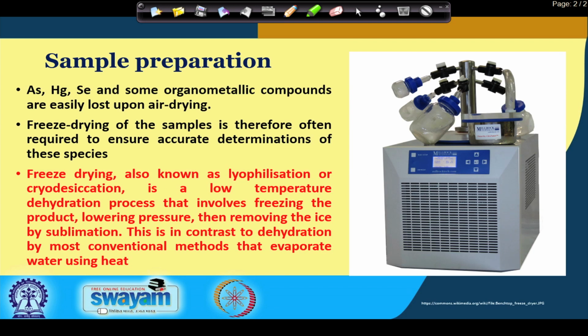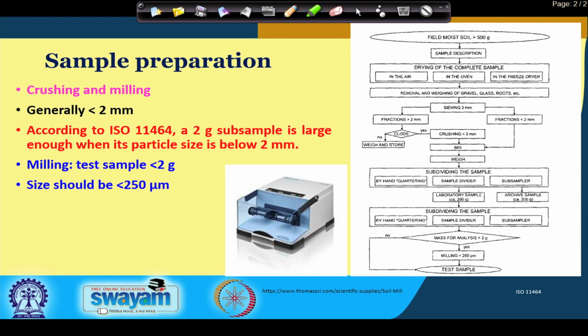We discussed the freeze drying method, why it is required for certain elements like arsenic, mercury, selenium, and some other organometallic compounds which are easily lost upon air drying. So for these organometallic compounds and elements we generally go for freeze drying for sample preparation and for keeping the samples for a long period of time.